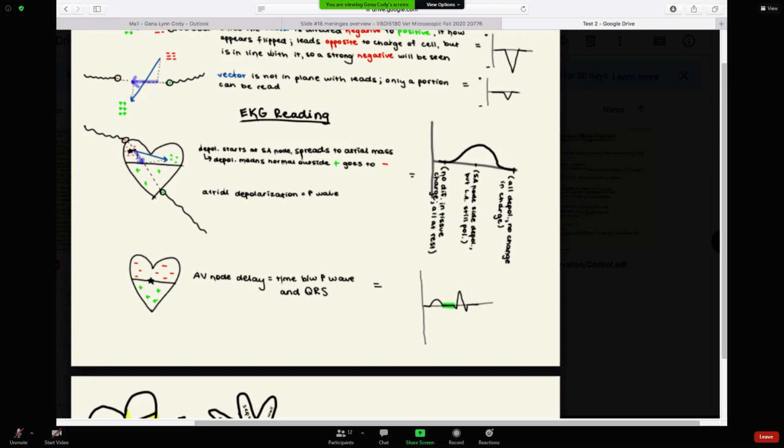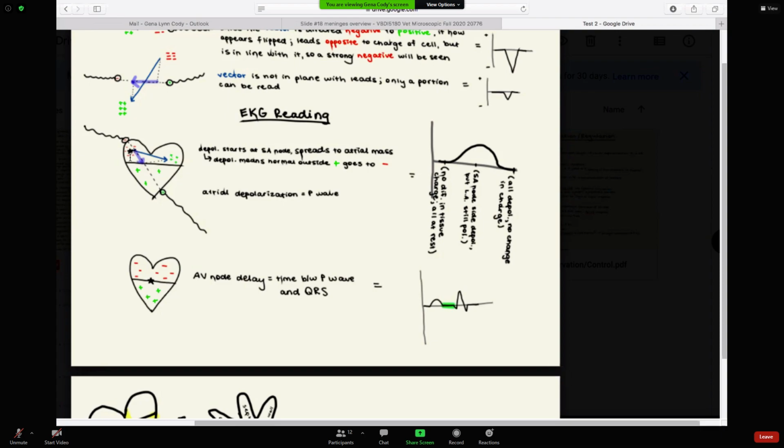I'm only picking up a small piece of it. So it is going to be a positive one, because I'm still going from negative to positive, but it's going to be a really small one. It's not really a strong vector. That's what we call the P wave. Beautiful, it's just like a little hump.